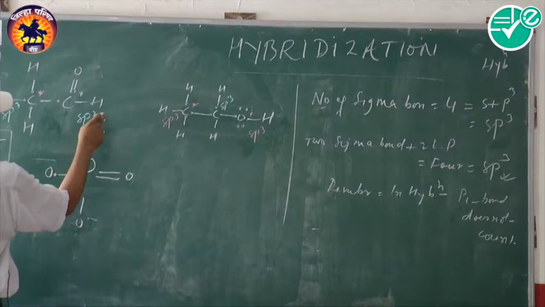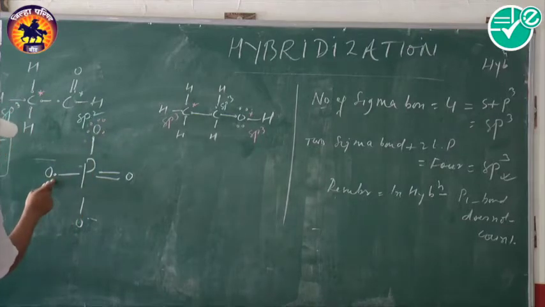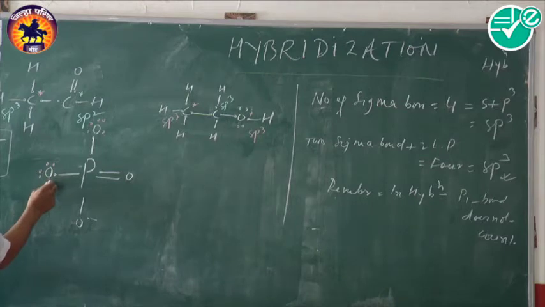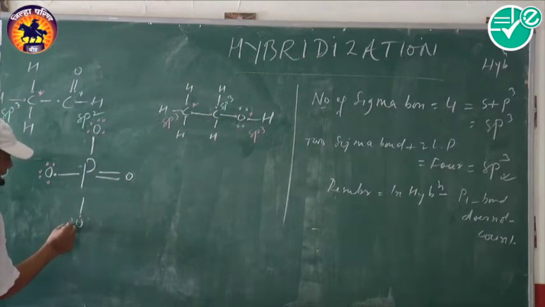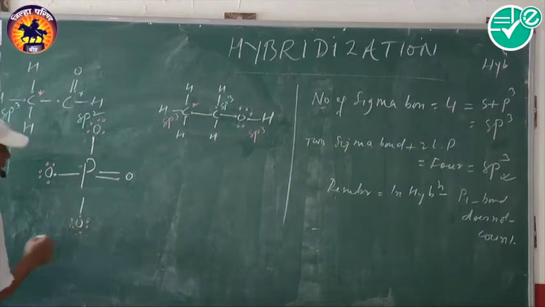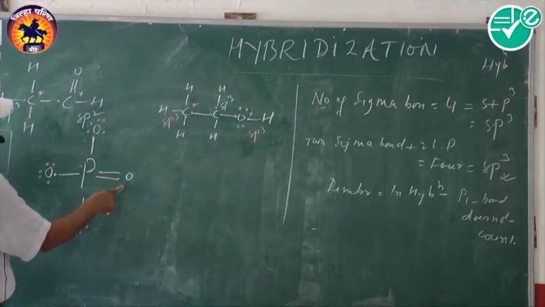Here also there is only 1 bond, 5 remaining, 1, 2, 3, 4 and 5. Here also only 1 bond, remaining 5, 1, 2, 3, 4, 5. See, here the octet is complete.